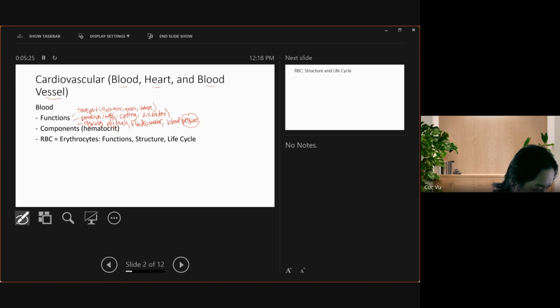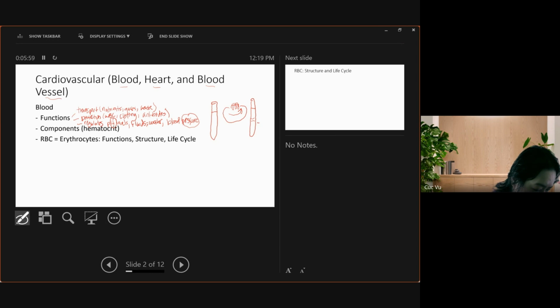Components. What are the components of blood? If I were to prick your finger and put your blood into a tube, I have this cool little machine, a centrifuge, and I put the tubes in there. What the centrifuge does is spin it, and when it spins the tube of blood, it separates the components of blood based on density, so how heavy things are.